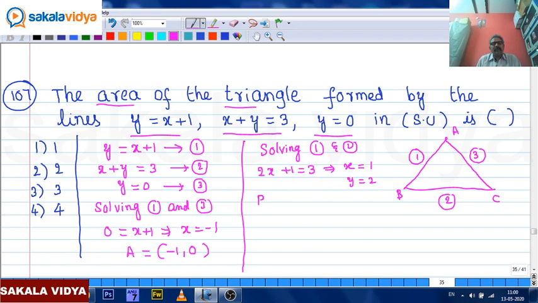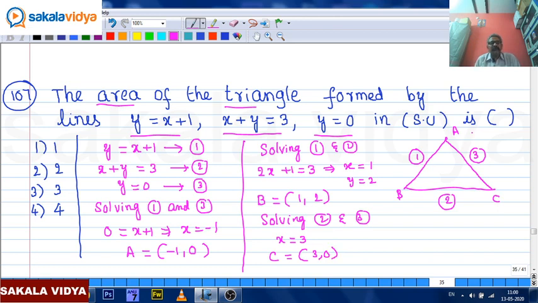That means B coordinates are 1 comma 2. Solving 2 and 3, put y is equal to 0 in 2, x is equal to 3. Therefore, C coordinates are 3 comma 0.